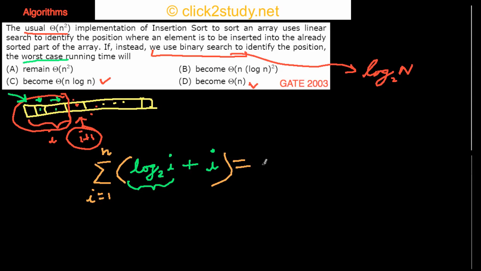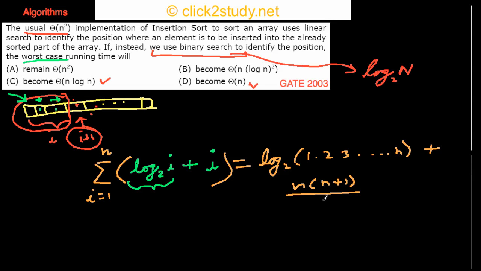This will be log 2 1 plus log 2 2 and so on, so you have so many additions in log, which gives you their product, basically 1 into 2 into 3 up till n, plus the summation of the first n terms, which has a formula you know: n into n plus 1 by 2. If you add the first n terms, 1 plus 2 up till n, you get this.